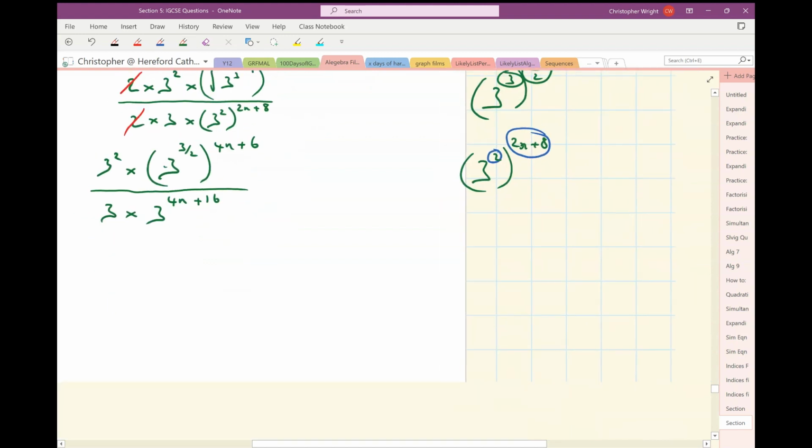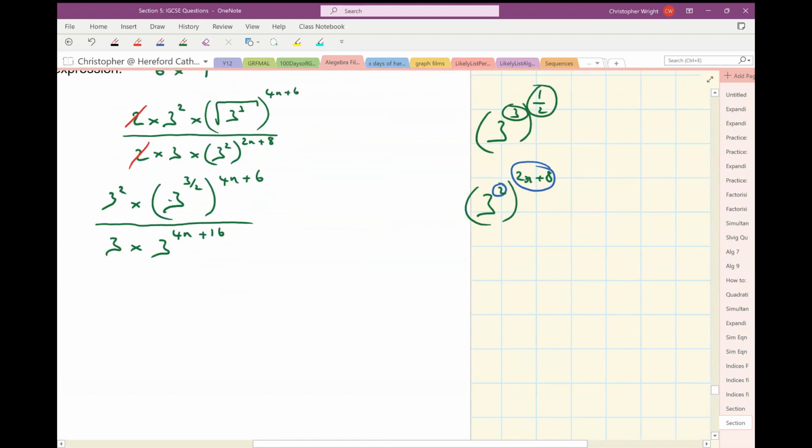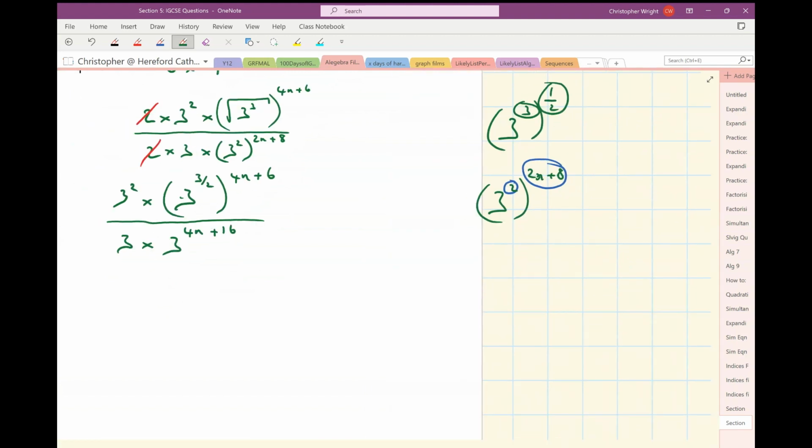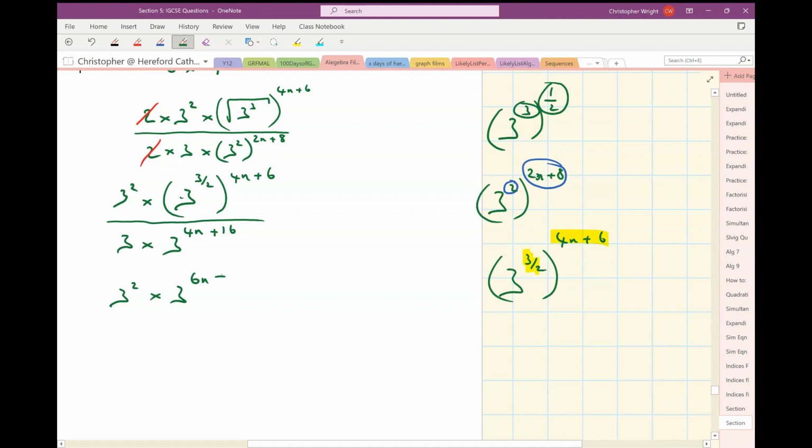Okay, right, let's continue with this simplifying. So I have on the top, still 3 squared, times 3 to the power of 3 over 2, which I'm raising to the power of 4n plus 6. So I'm going to multiply 3 over 2 by 4n plus 6. That gives me 3 to the power of 6n plus 9.